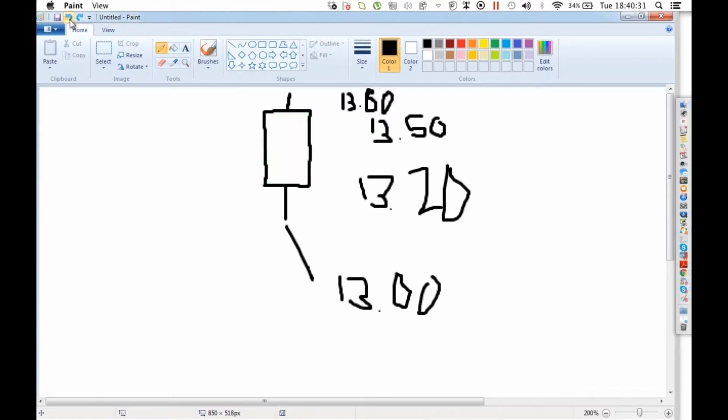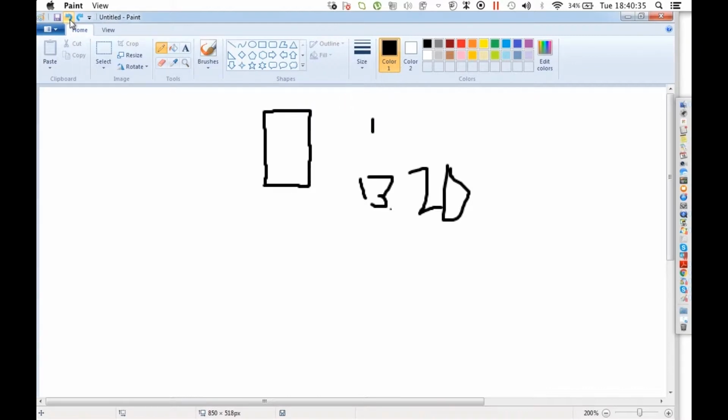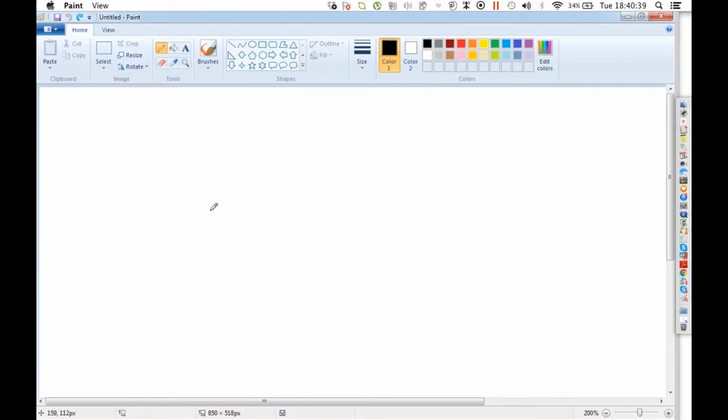So looking at it again, let's go through it again. Let's say there was buying activity in the past hour. What will happen is price will open there. Price may go down, but come back up to the open price.